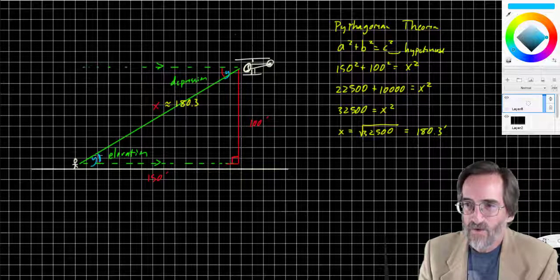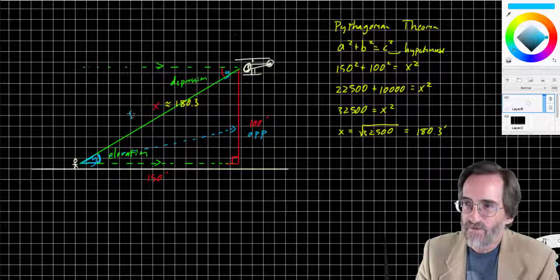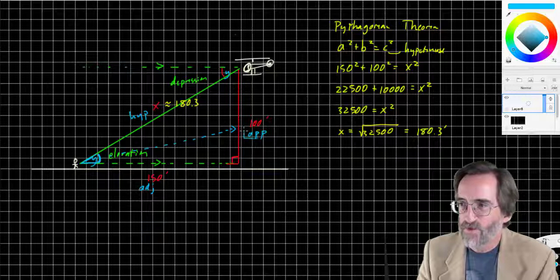So I know y is the reference angle right here. So if I go across the triangle, this is the opposite side, and this is the hypotenuse, and this is the adjacent side. Okay, and then I think, which trig function uses opposite and adjacent?